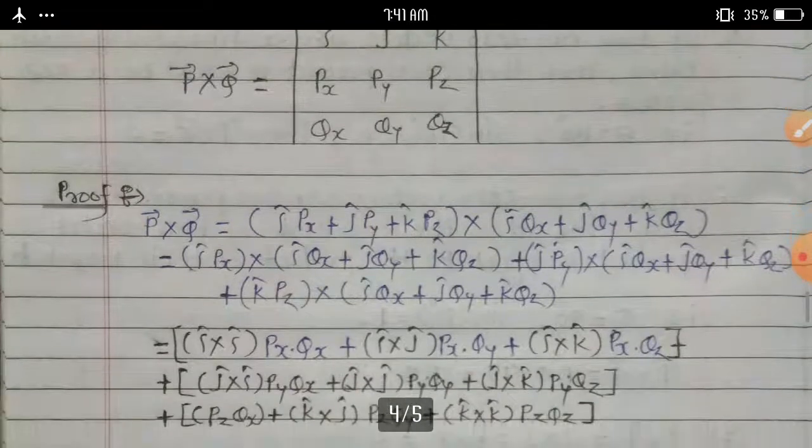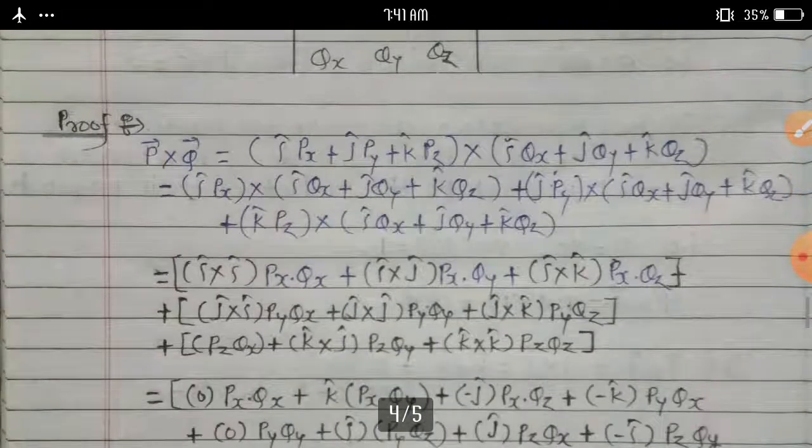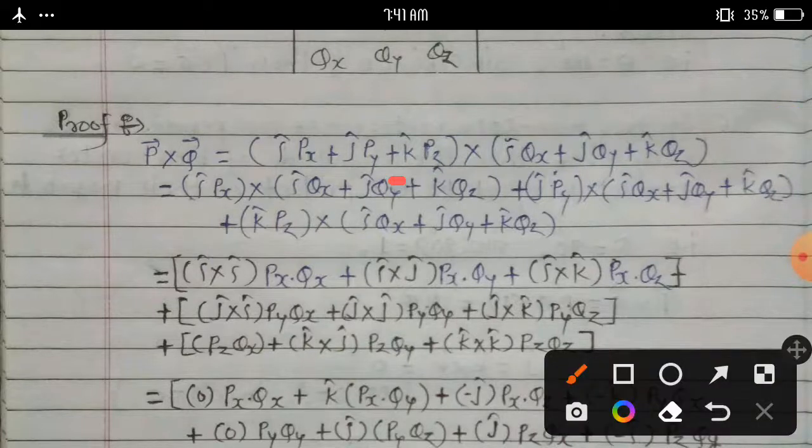Proof here. We know that p bar cross q bar is equal to p bar, here i cap px plus j cap py plus k cap pz, cross q bar, here i cap qx plus j cap qy plus k cap qz.